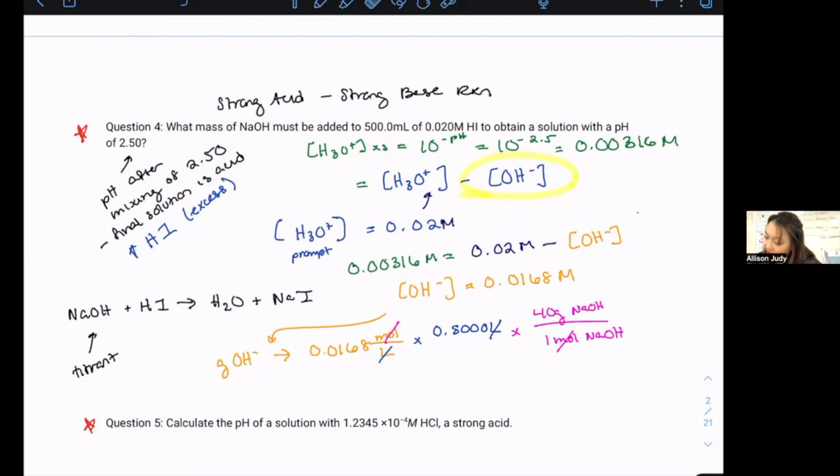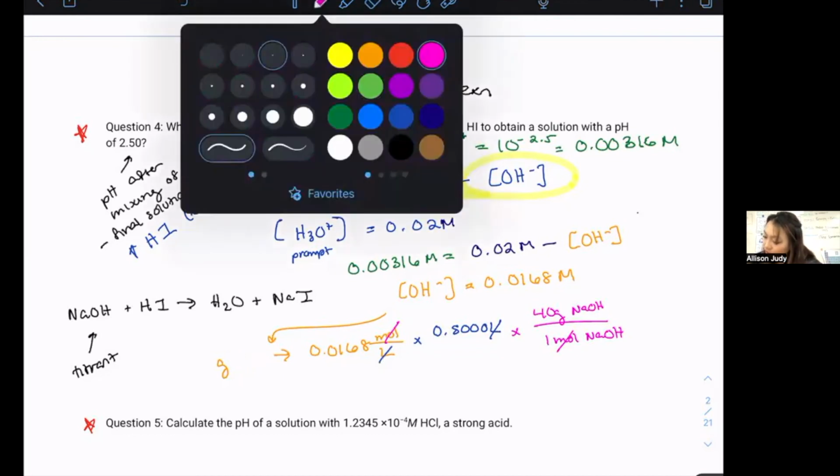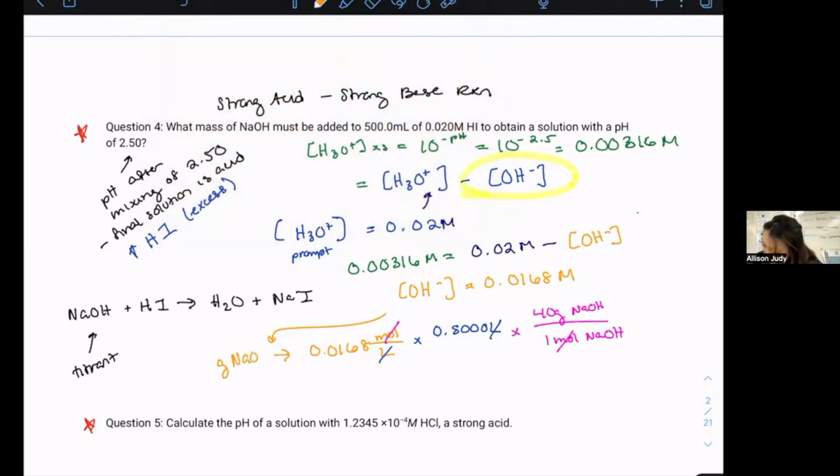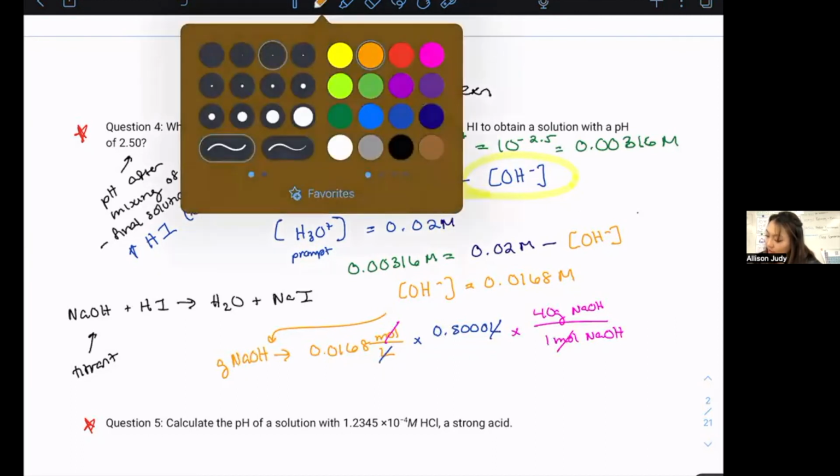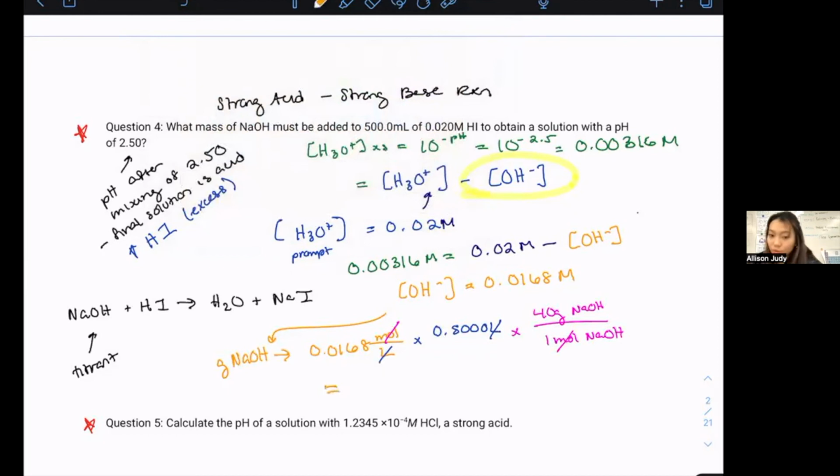So my gram value for NaOH, for a total of, let me get my answer. That is equal to 0.34 grams of NaOH were required. And that is my answer.